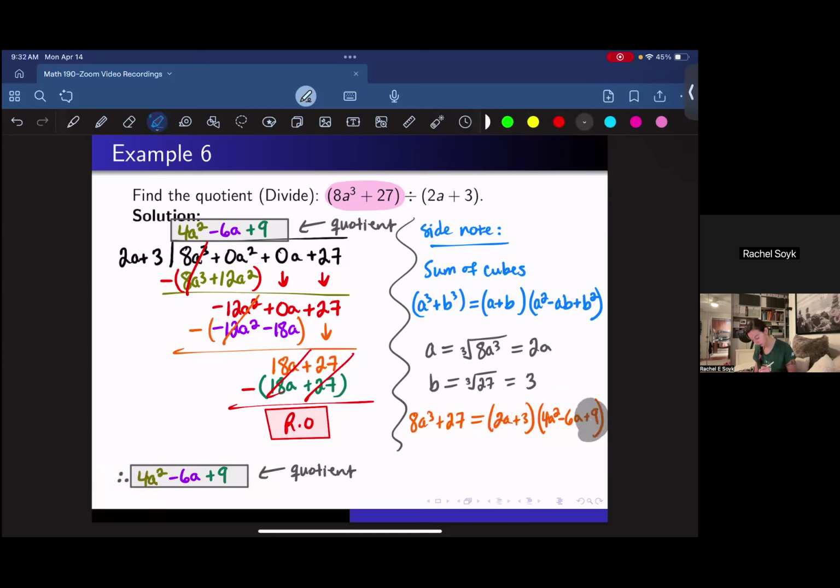And we're done. And I'll maybe show it to you. We divide this by 2a plus 3. So these cancel out, and then this is our quotient. Okay. Yay.